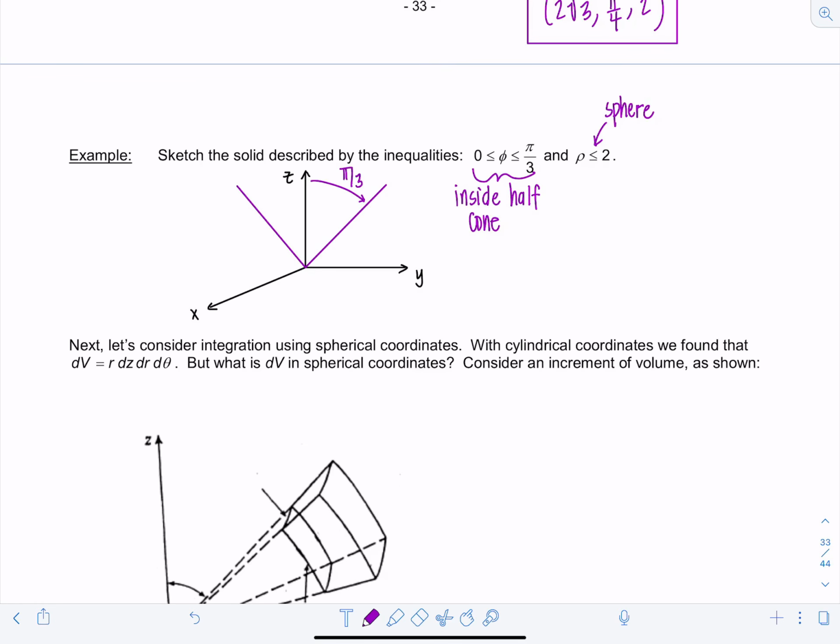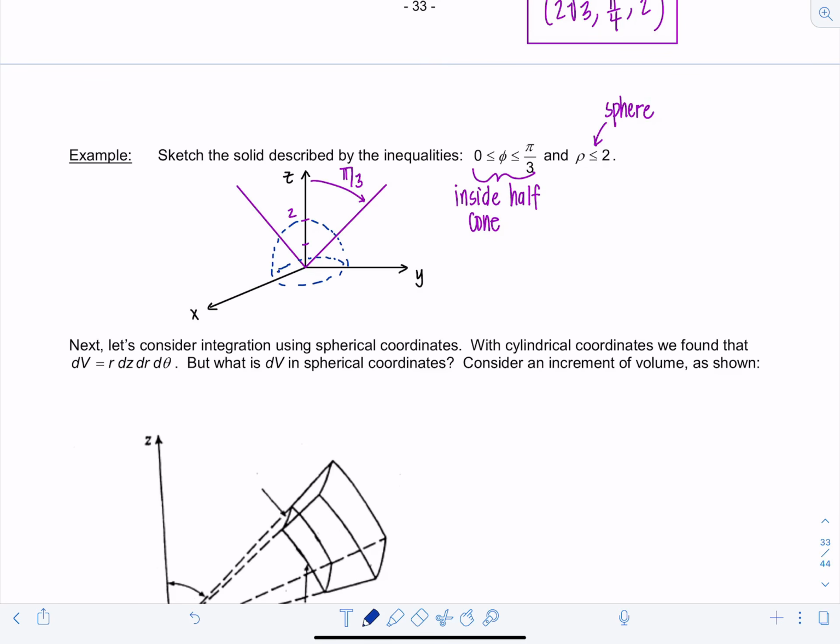So it's everything inside there, and then also inside the sphere whose radius is 2. And that sphere is going to be centered at the origin, so you could imagine it would come down like this, around and around. Anyways, it doesn't matter what the rest of it looks like because we have to stay inside the cone.